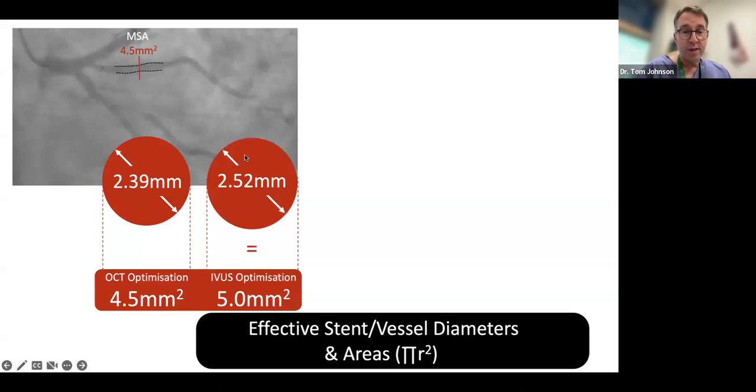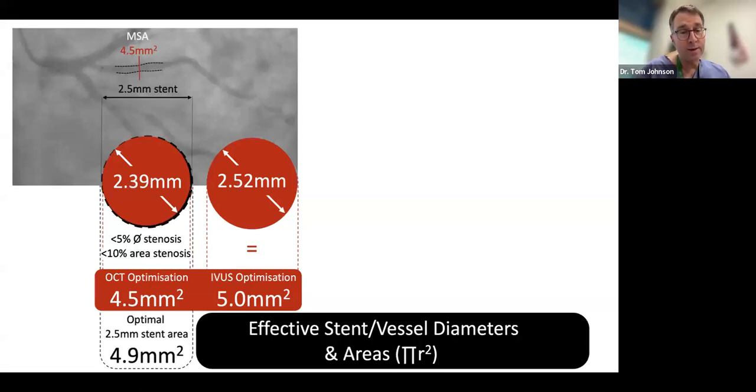Now for IVUS, and this highlights the differential in the sizes that IVUS and OCT give, if we use the 5 millimeter squared cutoff that was used for the ULTIMATE study, then we're looking at a diameter difference of 2.4 against 2.5. So it's really relatively limited. And so when we place a perfect 2.5 millimeter stent into an artery, we're talking about a diameter stenosis that's less than 5% and an area stenosis that's less than 10%.